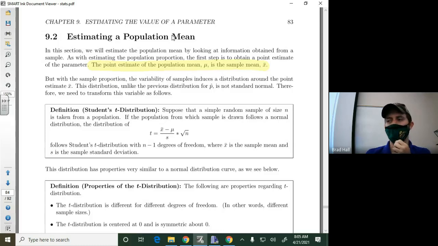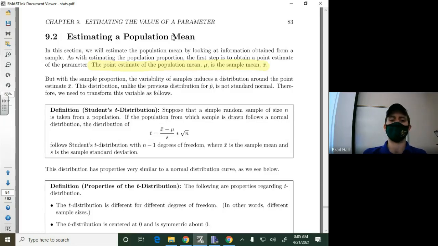So since that variable is not standard normal, we have to rewrite it into something that is. Basically that just means we want a very convenient form that we can skip a lot of steps on.